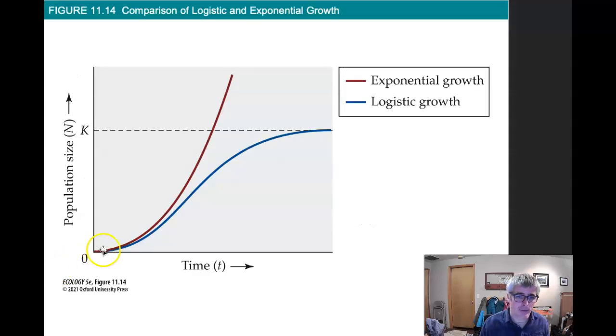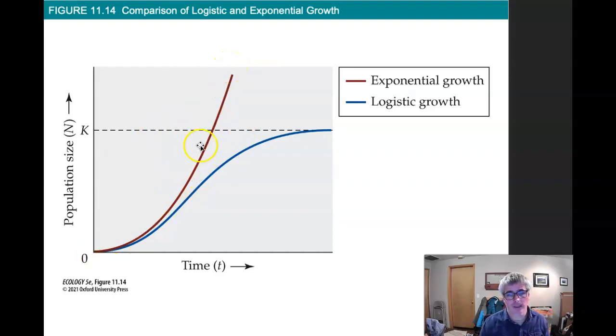So here's the exponential growth. It just keeps going and going and going and going. At low population sizes, they're both quite similar, but the logistic population growth starts to slow down until it reaches K, and then ideally stabilizes and maintains there at K, whereas with exponential growth, if that model were to be true, the population would keep growing.